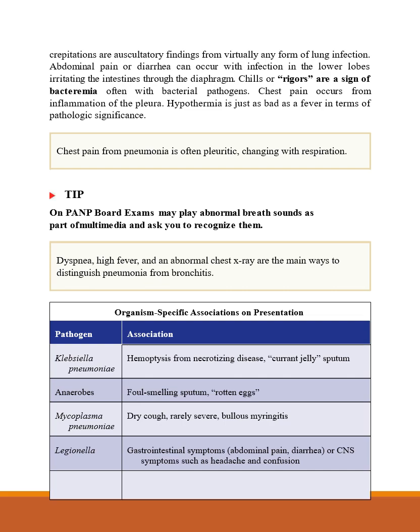Anaerobes are frequently associated with foul-smelling sputum, like rotten eggs. Mycoplasma pneumoniae is frequently associated with dry cough and rarely severe bullous myringitis. Legionella is associated frequently with GI symptoms such as abdominal pain and diarrhea, or CNS symptoms such as headaches and confusion.